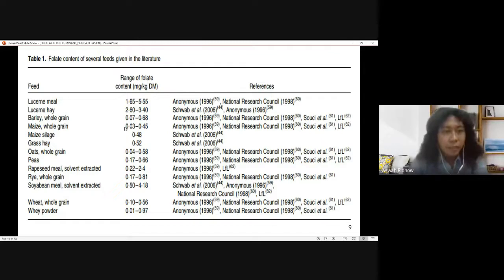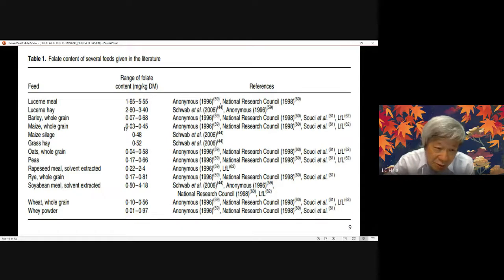Okay. Thank you. But the question is, why does the hay have a higher folate? It's not saying it's the bacteria. Is that right? Why does the lucerne hay have such higher folic acid?